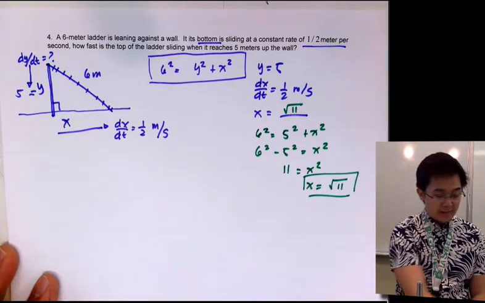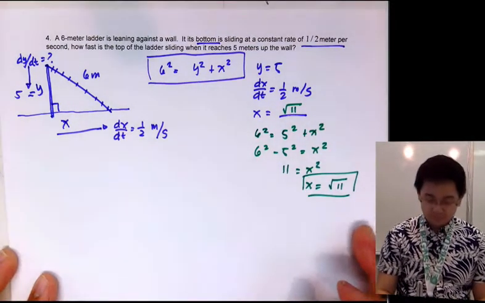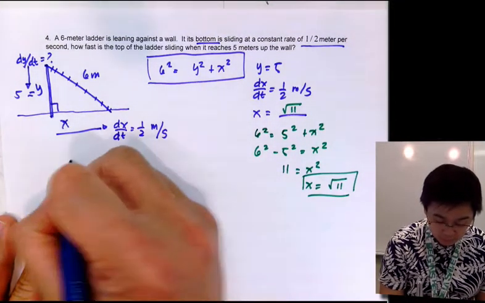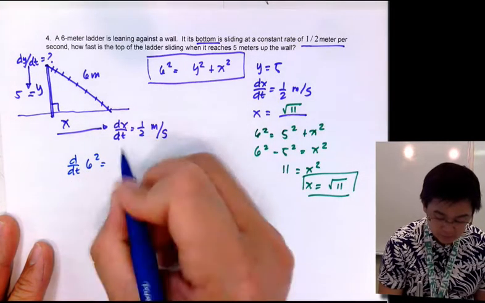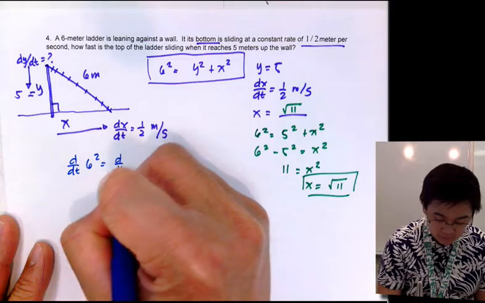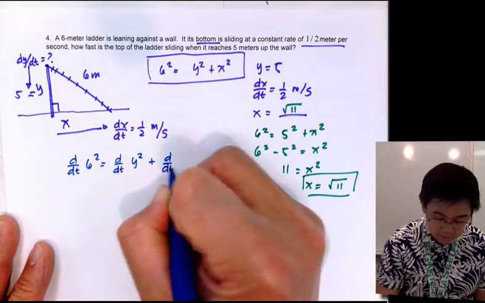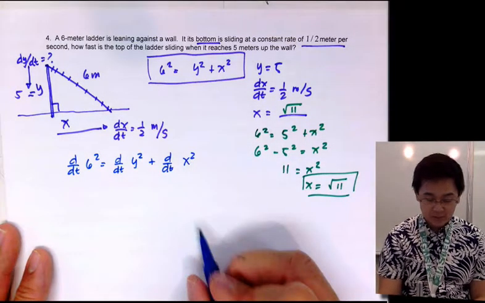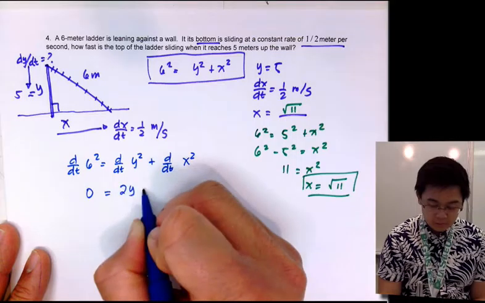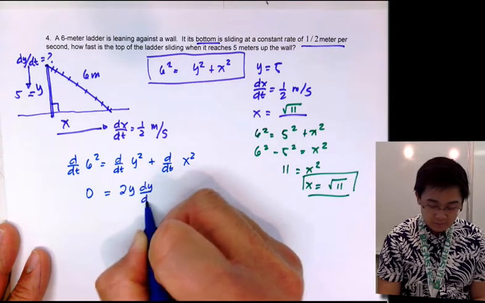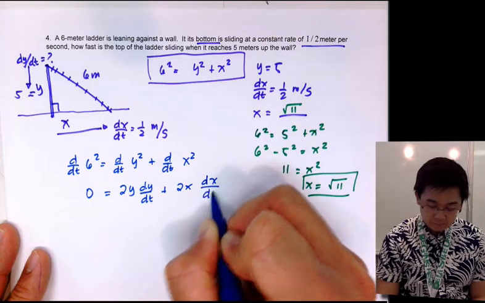Now let's go ahead and take the derivative of our equation with respect to time. So take the derivative of 6 squared with respect to time, derivative of y squared with respect to time, and derivative of x squared with respect to time. So derivative of a constant is 0. This one is 2y dy/dt plus 2x dx/dt.